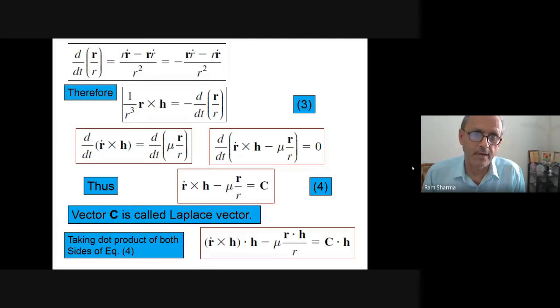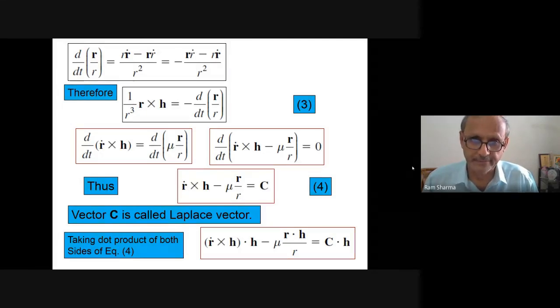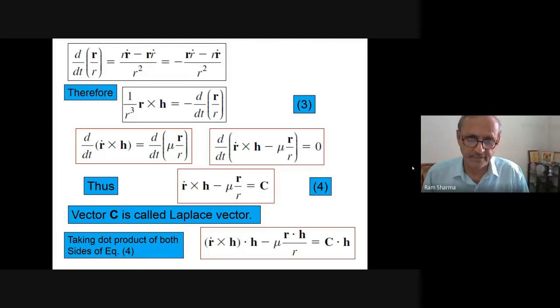Therefore, 1 by R cube R cross R dot is equal to minus d/dt of R by R. And d/dt of R dot cross H becomes d/dt of R by R. Now on both sides you take d/dt common, and the other side you take: d/dt of R dot cross H minus R by R equals 0. Then you integrate, and you get a constant there.